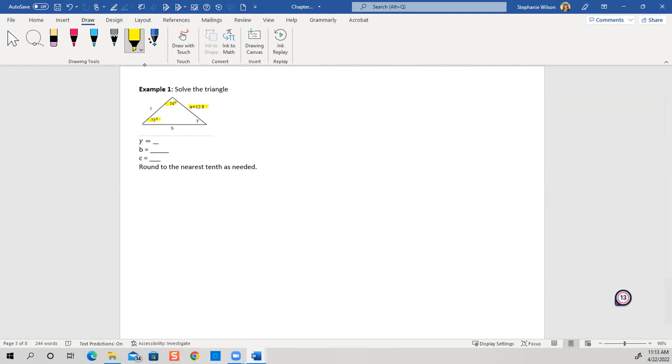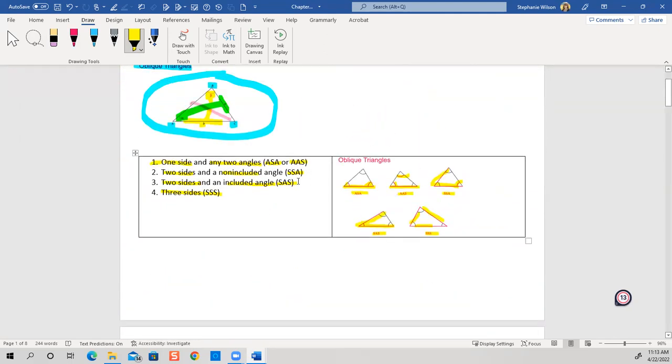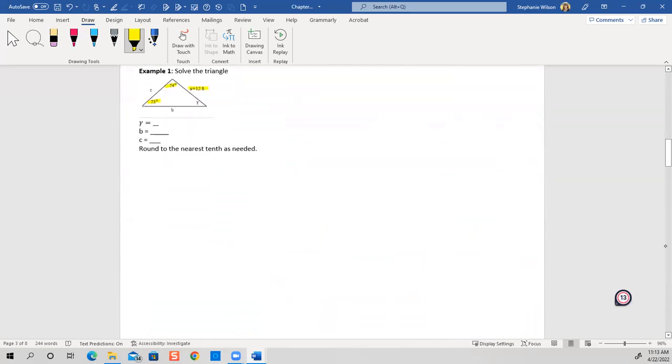So I'm going to notice that I have two angles, and one side.